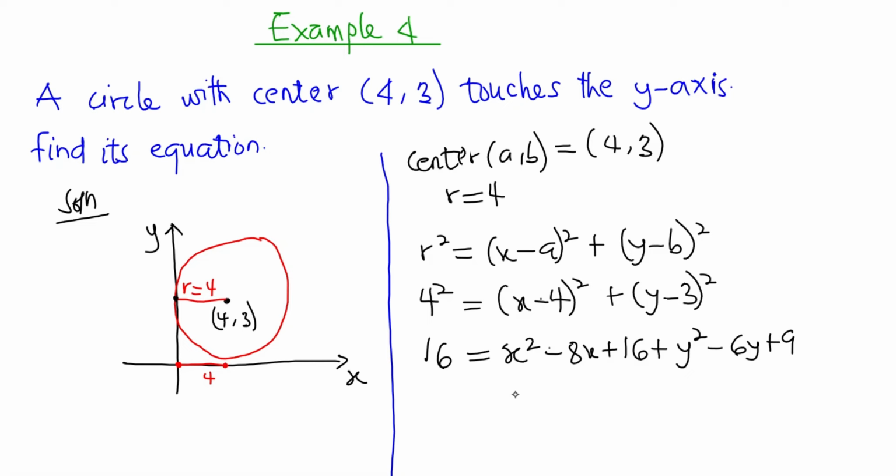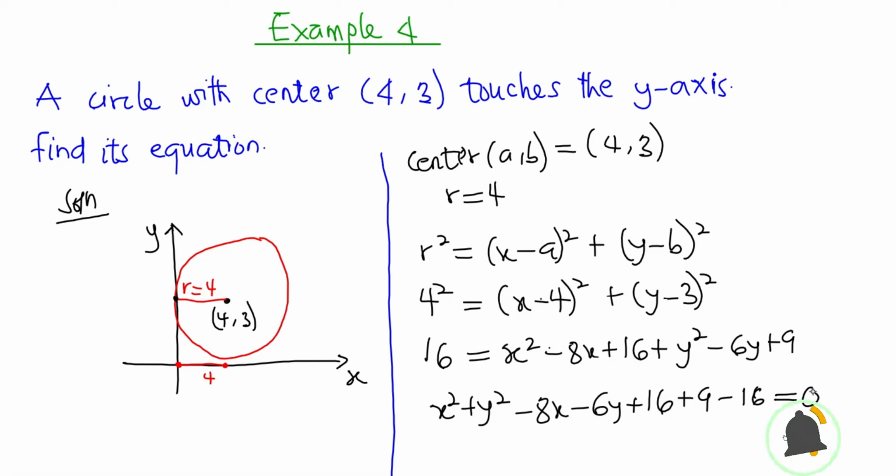So here we have to group like terms. That is x squared plus y squared, and then we have minus 8x minus 6y. We maintain 16, we also maintain 9, and we transpose 16 to the right hand side, equating everything to 0.